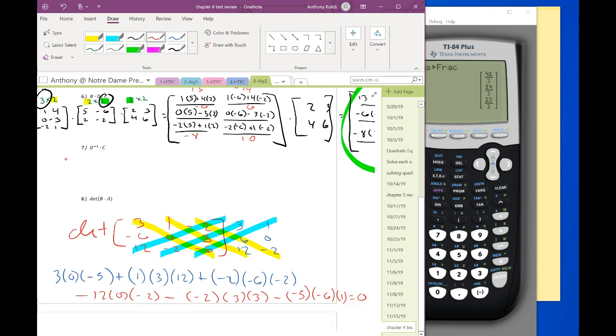This is a formula you should expect to remember. Okay. Yep, 1 over the determinant of D, which in this case is going to be 5 times negative 2 minus 2 times negative 6. Okay. Then what?